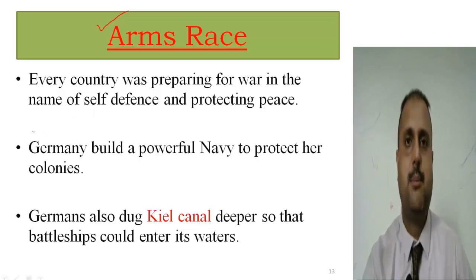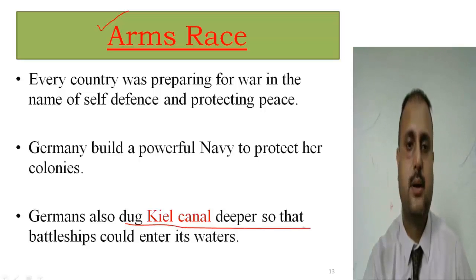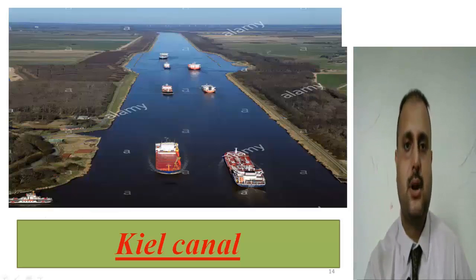Germany was building a powerful navy. Also Germany widened and deepened the Kiel Canal. It made the Kiel Canal so deep that battleships and warships could also enter. If you see the picture of the Kiel Canal, it is located at the Baltic Sea.